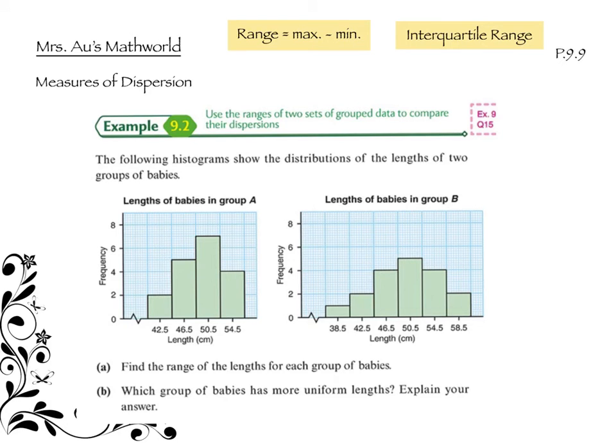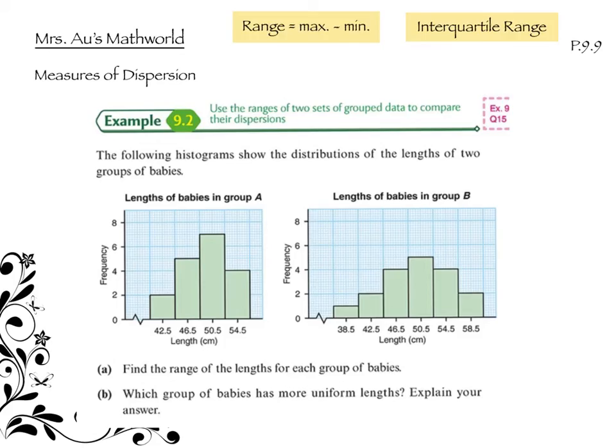Finally, let's look at one more example from the textbook. It is on page 9.9. So you can see that we use different histograms to show the distribution. Alright, so our first target is to find the range of the lengths of each of them.